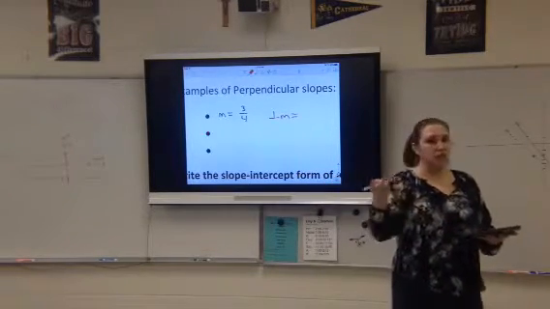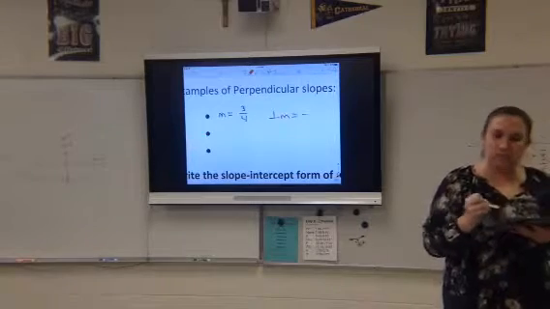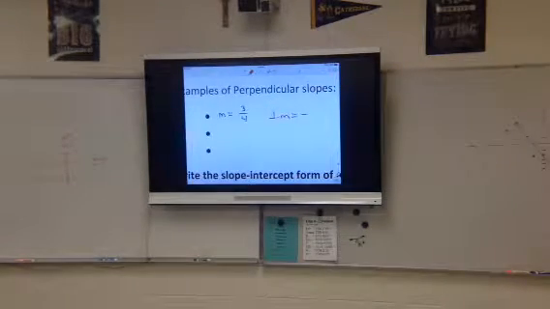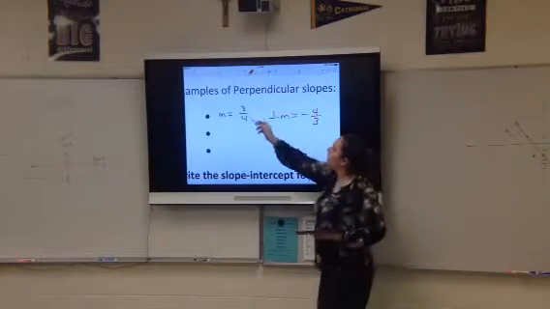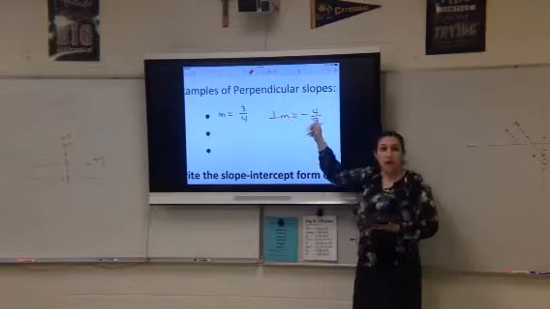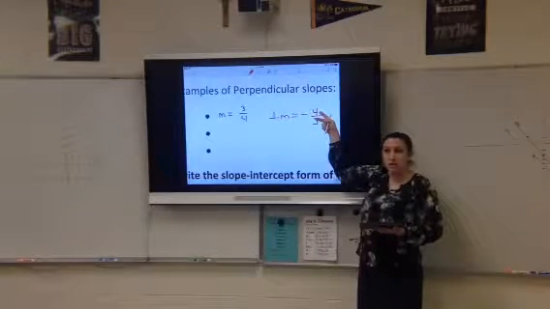Yeah, change your sign. So if it's a positive, it becomes a negative. Reciprocal. Negative 4/3. That's right, flip it. We talked about reciprocals this year. Reciprocal just means flip. Okay? So if I have a slope of 3/4, to do the perpendicular slope, I'm going to change the sign and I'm going to flip. Okay, change the sign and flip.